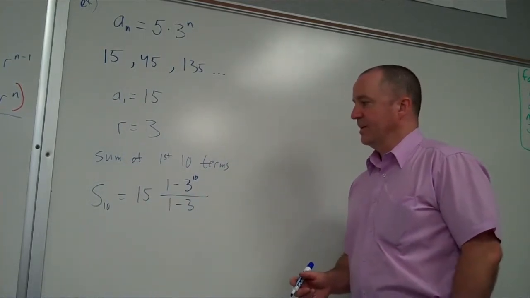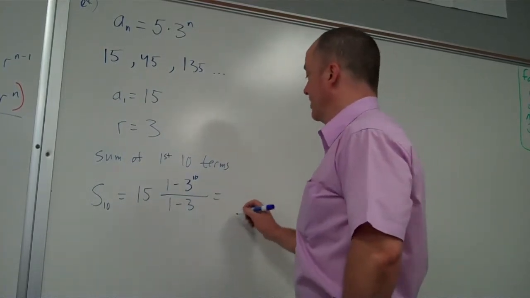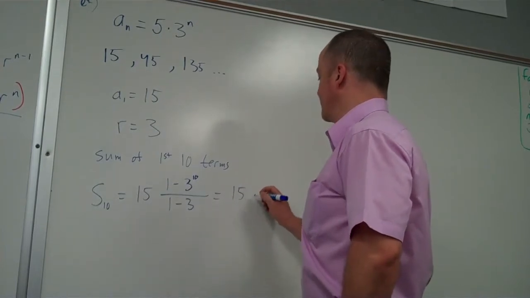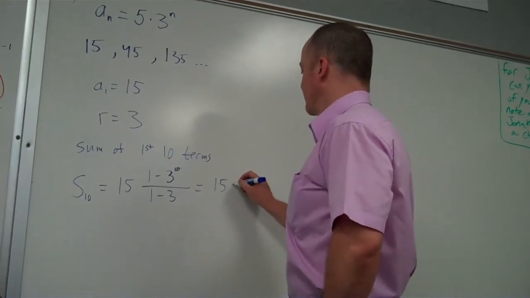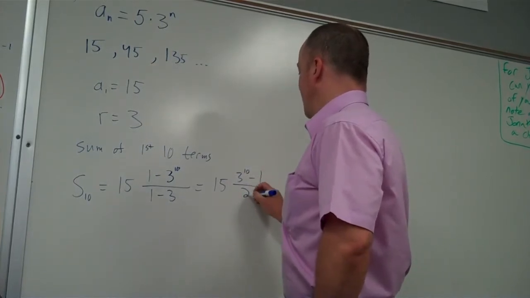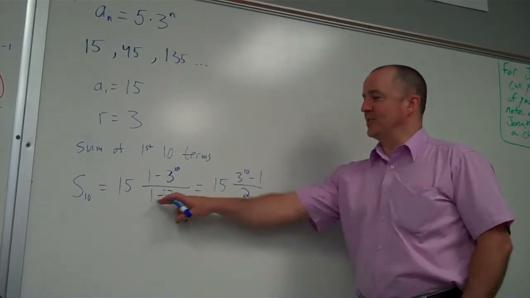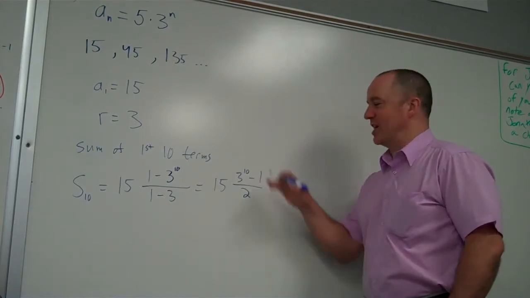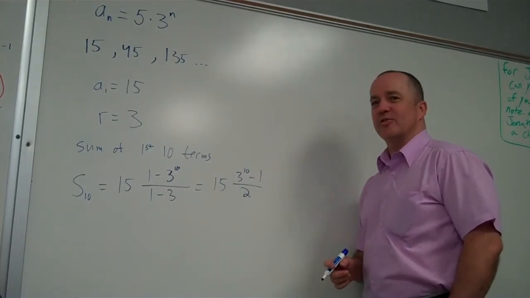It's still going to be a huge number. I'm going to rewrite this a little bit: 15 times 3 to the 10th minus 1 over 2. I can do that, because I was going to get negative 2 on the bottom, so I switched the signs top and bottom. Isn't that tricky of me?